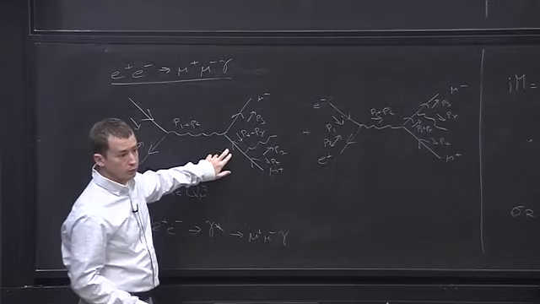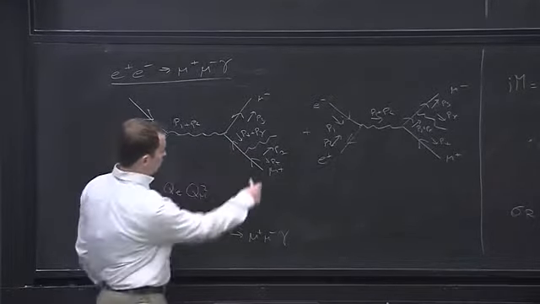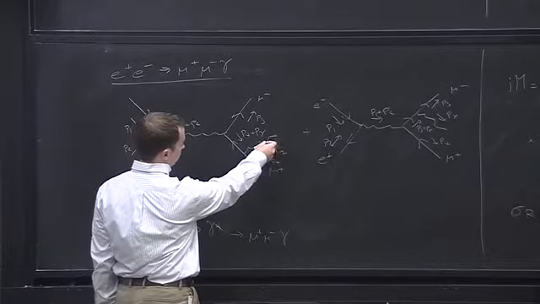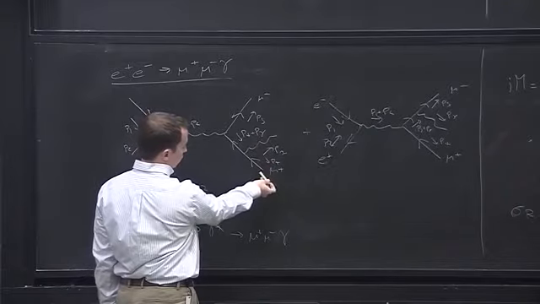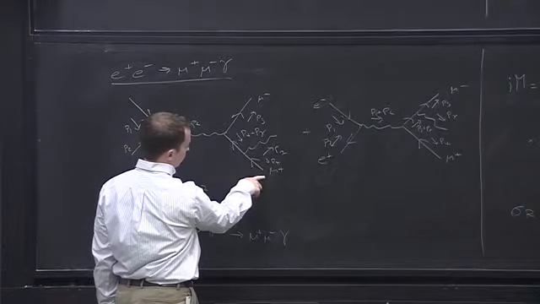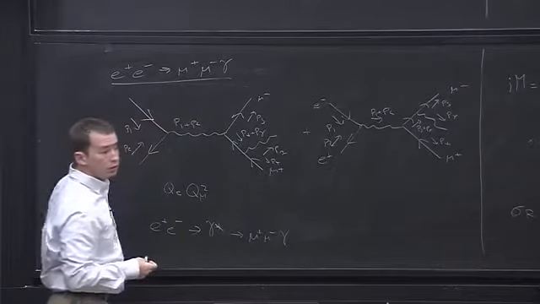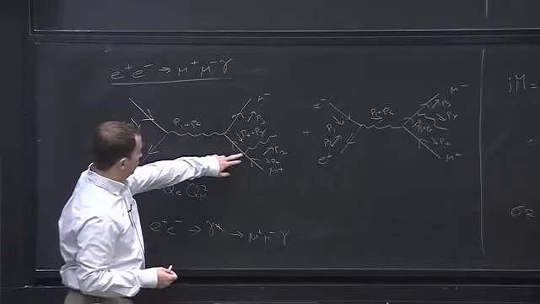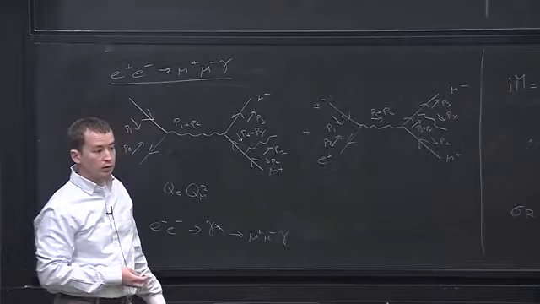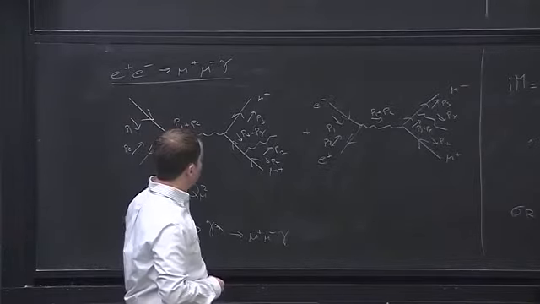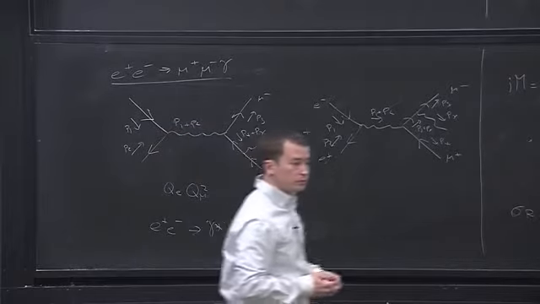So that's where the divergence is coming from. Similarly, if the photon is collinear with the antimuon, we'll also send one of these propagators on shell. So that's where it's coming from.